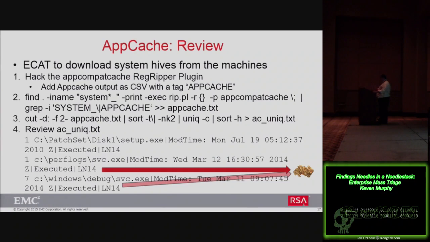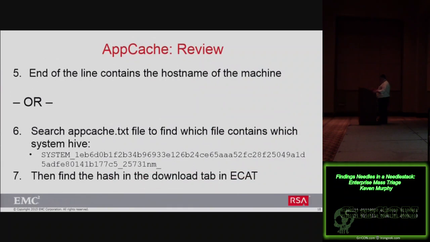So as I identify files and things I want to take a look at, I'm going to figure out what the host name of the machine is, or do the same sort of thing with the system as I did with the schedule logs, and find that SHA-256 hash, and then search the downloads for which box it was, and then dive deeper into the box.